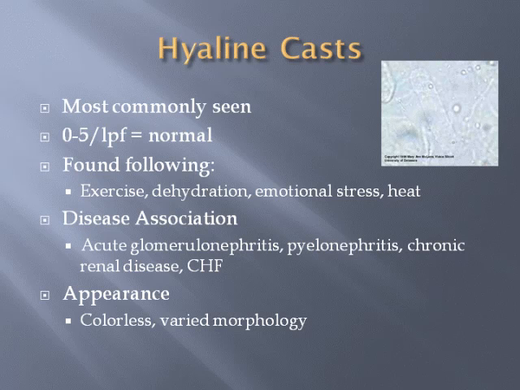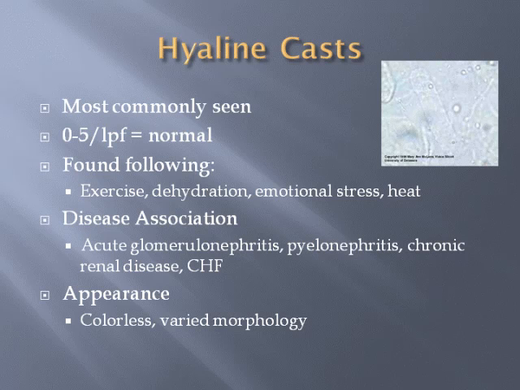Hyaline casts, some of these images aren't that great, but it gives you a little bit of an idea. Hyaline casts are probably the most common that we see. 0 to 5 per low power field is normal. And you can find these after exercising, in states of dehydration, emotional stress, and in the heat.